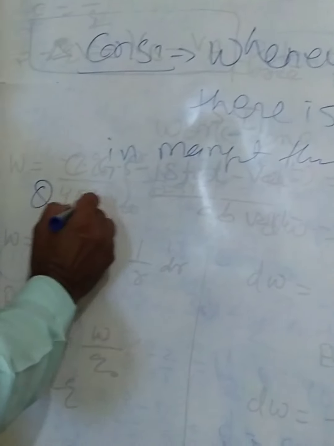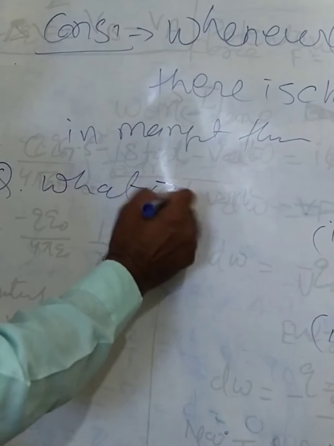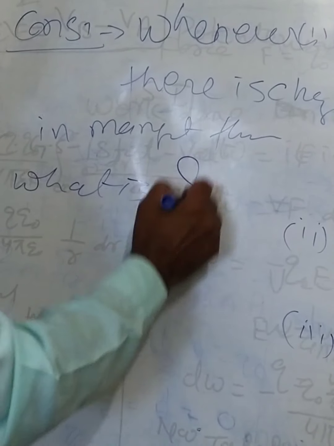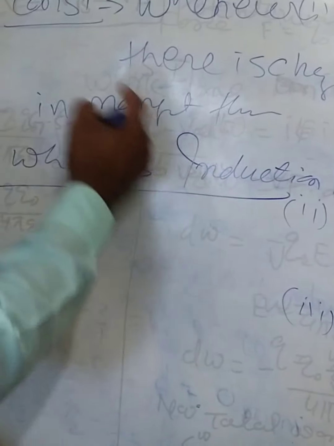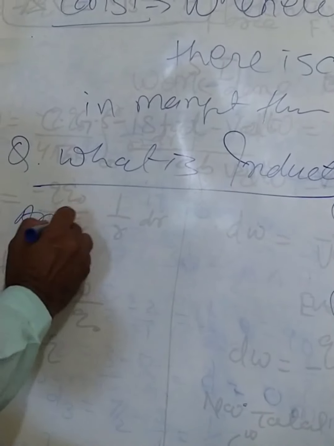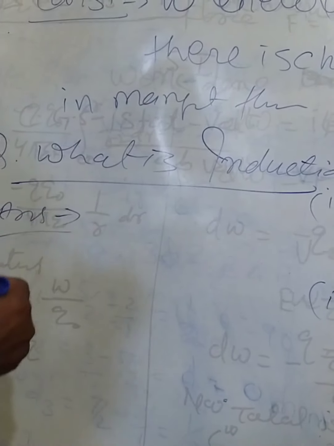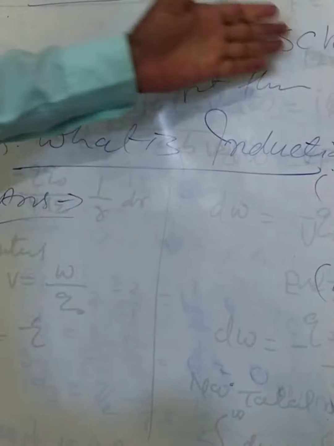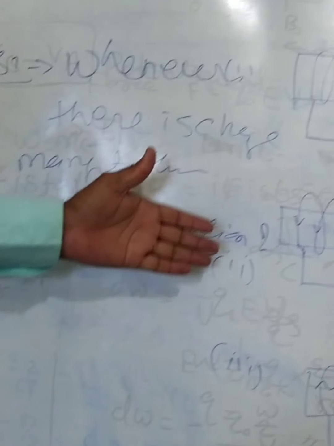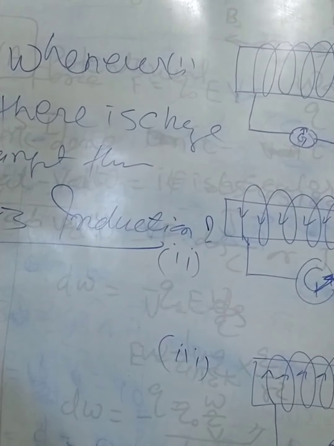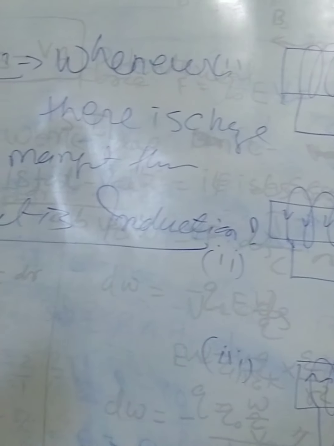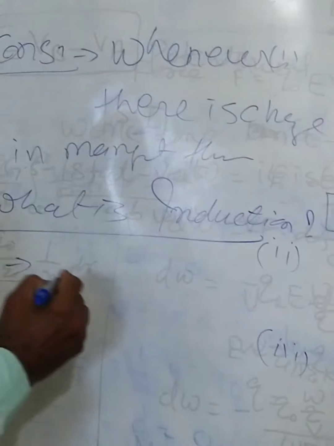So the question arises, what is electromagnetic induction? The answer is, whenever there is a change in the magnetic flux linked with the coil, current flows in the coil. This is called electromagnetic induction.